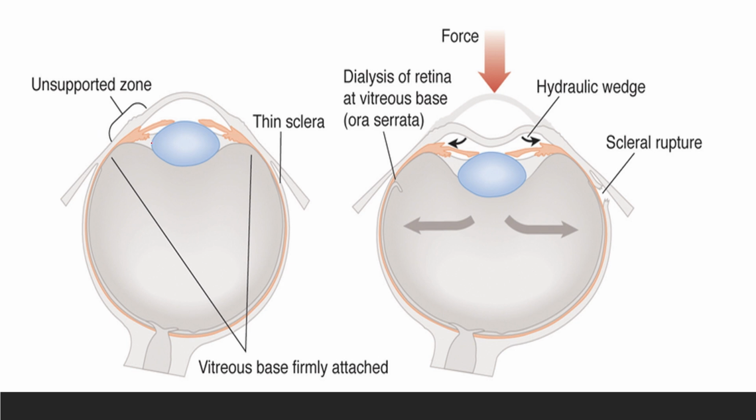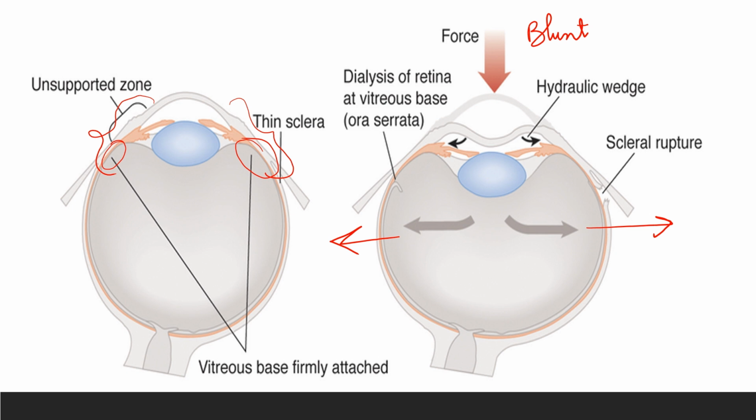In the first picture, you can see that this area basically is an unsupported zone and also has a thinner sclera. Also, the vitreous base is very firmly attached to the retina, right? So now, whenever there is a blunt trauma, what happens is that the force of the trauma is going to lead to compression of the eyeball, and there will be expansion at the level of the equator.